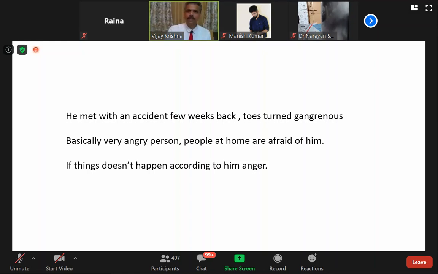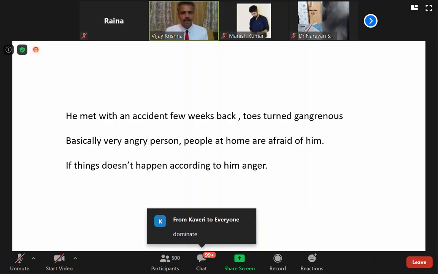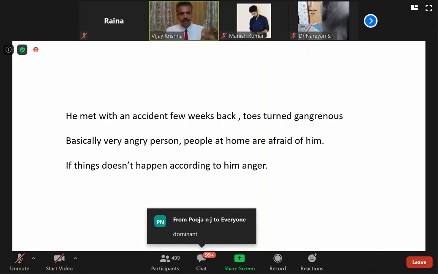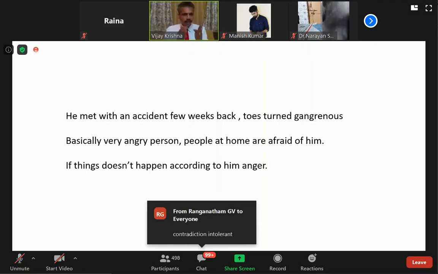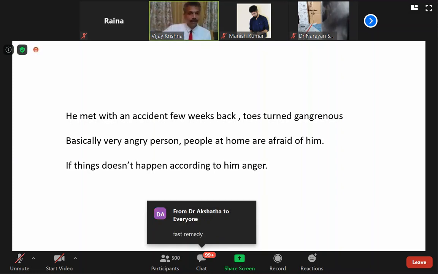Now, what rubrics can you think of in this case? When you start thinking of the rubrics, I'll also, in the background, try to tell you a few things that I've learned from Sir. You have to understand here the accident that happened and how the body reacted, going into gangrene and having to be amputated.